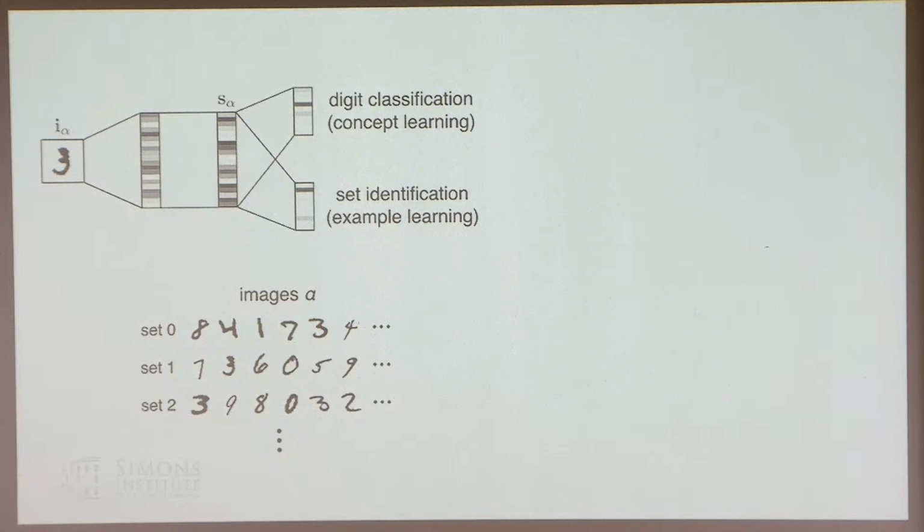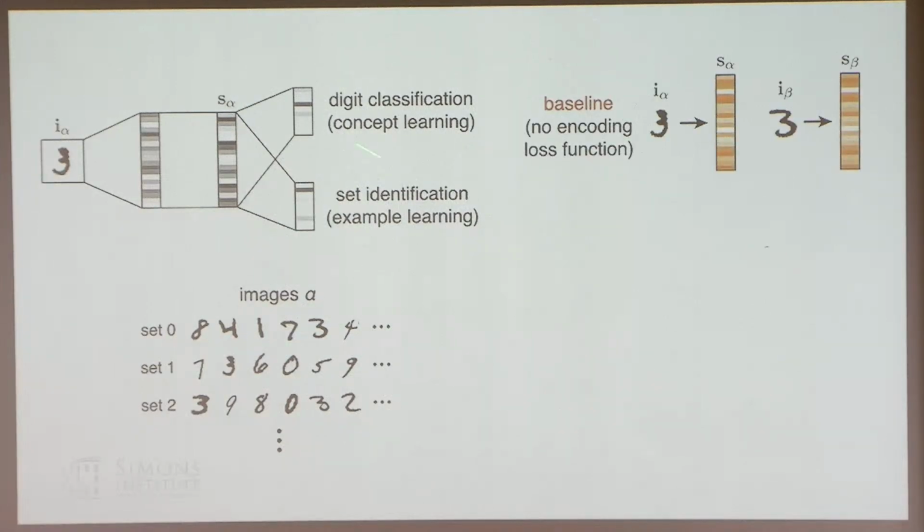And to perform set identification, it has to distinguish the differences between this 3 and other 3s. And what we do now is manipulate the encoding in this last hidden layer. We either do nothing, and what this means is that two correlated images would probably have correlated encodings as well.